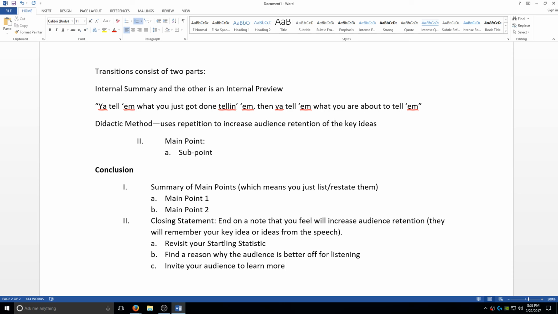Saying something like, now that you've learned all of this about Stan Lee, maybe the next time you pick up a Marvel comic, you will understand more about it, and I encourage you to seek out those opportunities, is a lot different from saying, now that we know that Stan Lee is a cultural icon, I hope that you change your attitude about the latest X-Men movies and see that they are works of art. One of them is just an invitation to get more involved in the topic. The other one is telling your audience exactly what to think.